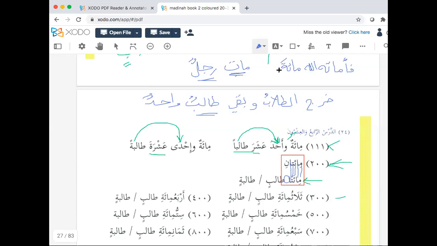There are 5 incidents in Surah Al-Baqarah where he showed us that he brought the dead back to life. Allah took his life for 100 years. Mata is different to amata. Amata, the fa'il is the person that died. He died.